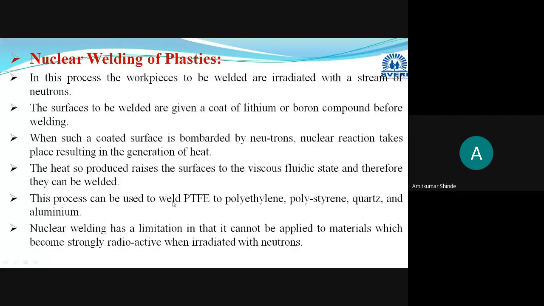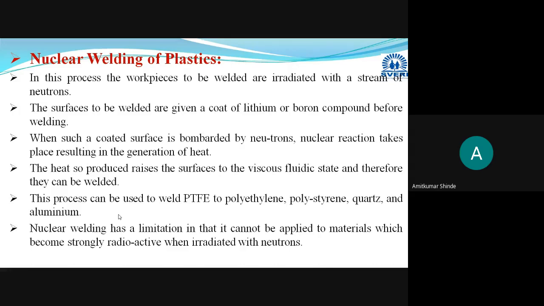So this is the nuclear welding process. I will repeat how it is performed. In this method, the workpieces to be joined are irradiated with a stream of neutrons. In the first step, the surfaces you want to join are coated with a lithium or boron compound, and after that they are irradiated with the stream of neutrons.